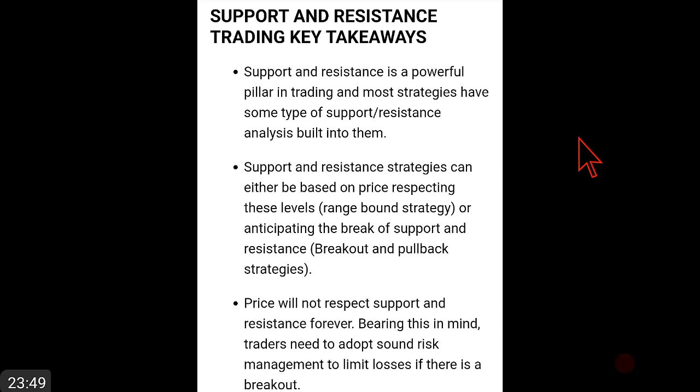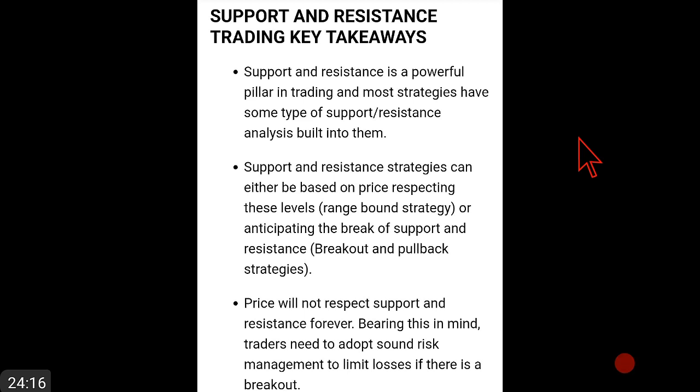Secondly, a support and resistance strategy can either be based on price respecting these levels or anticipating a break of the support and resistance. So it's either the price will respect it, as in a range market, or it's anticipating to break it, as in a breakout and pullback strategy. And then lastly, price will not respect support and resistance forever. So that's what you should know.